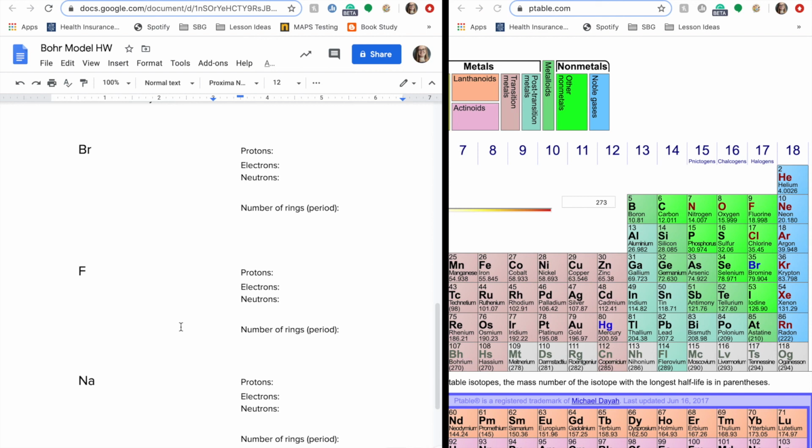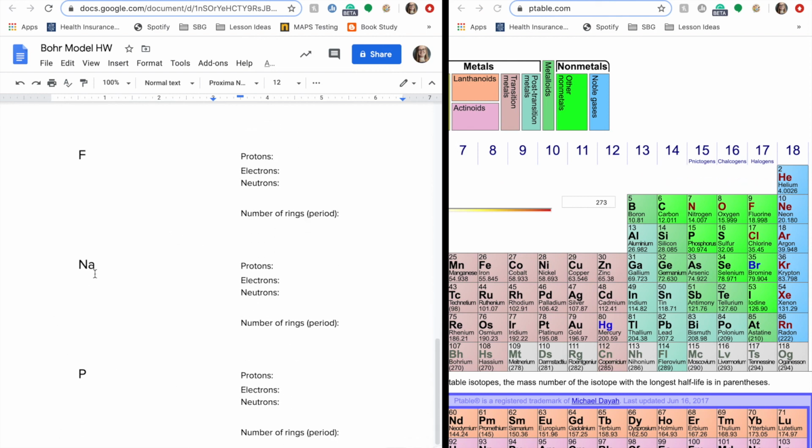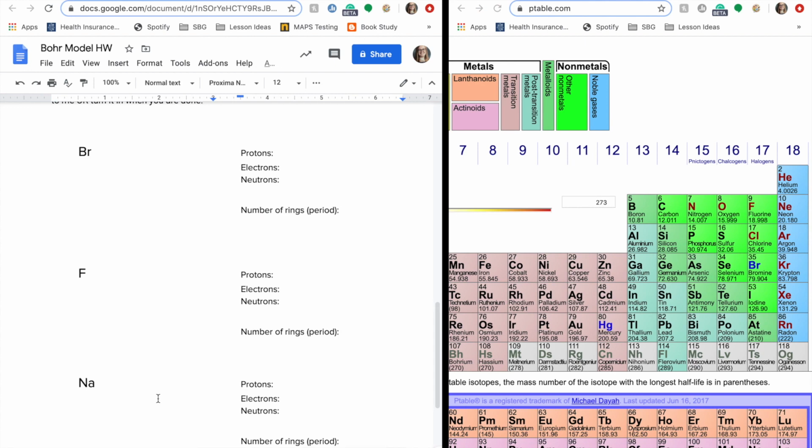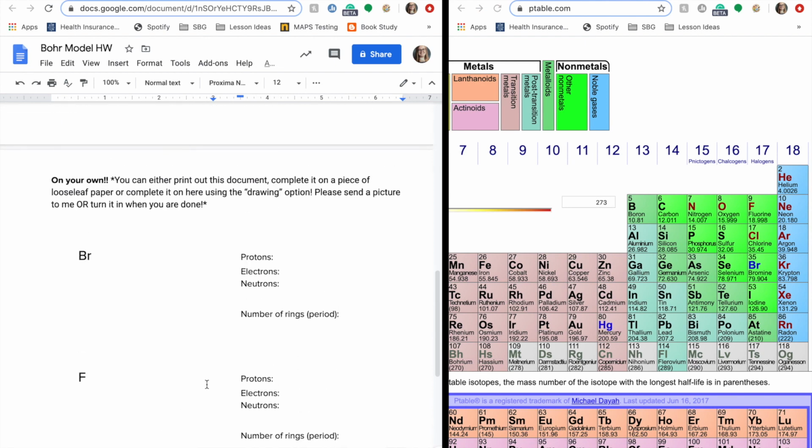This one is not going to be graded, but just because it's not graded does not mean that you do not have to do it. You have to do this. I need to know how we are understanding this concept, how we're doing it. If you have questions, let me know. We will probably do examples of Bohr models on our Google Hangouts this week because I think doing it one-on-one is going to help us a lot.